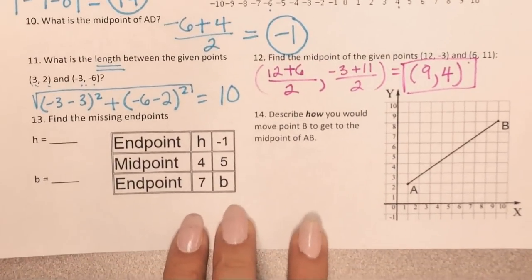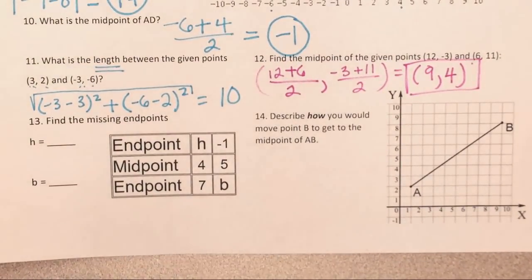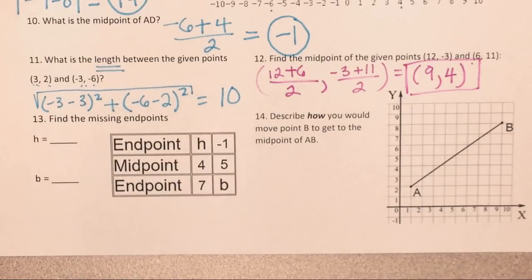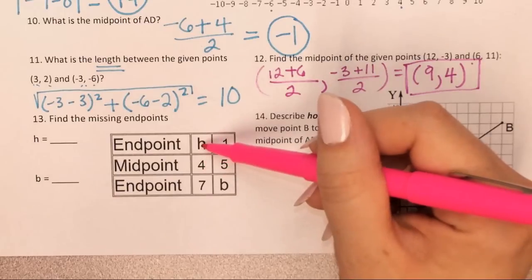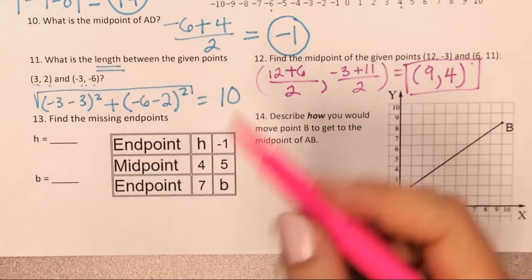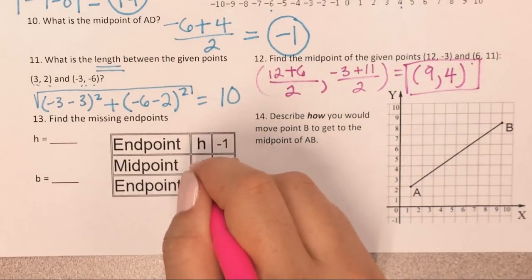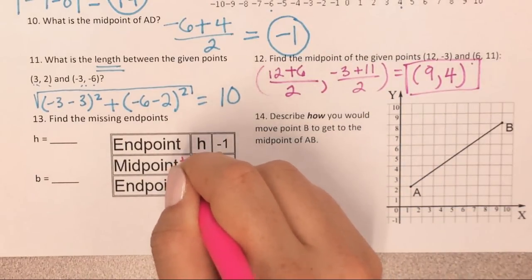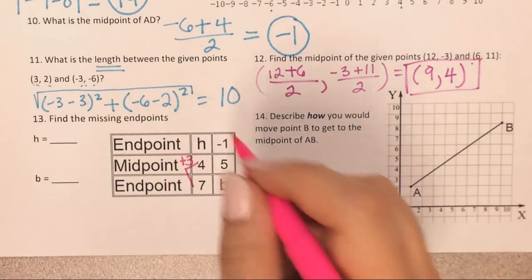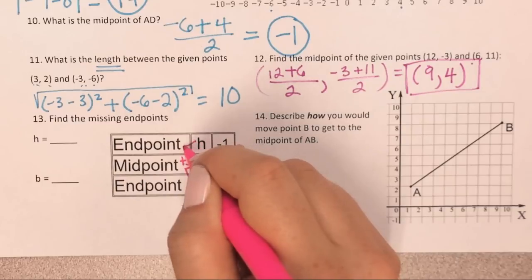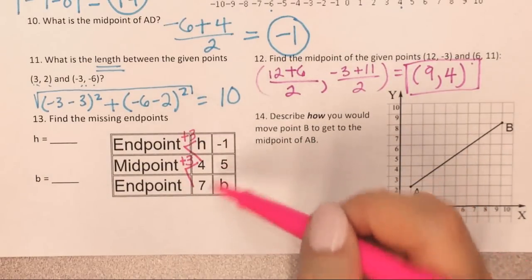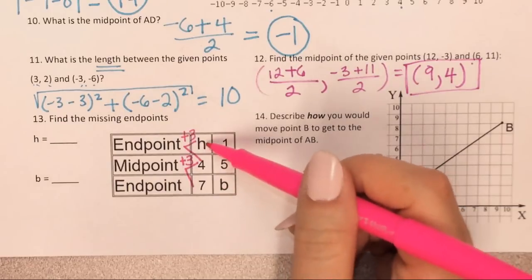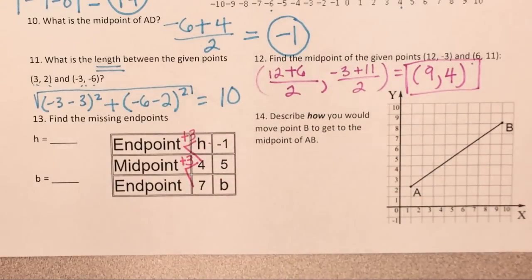All right, number 13, find the missing endpoints. Okay, so here in this table, you're going to use this table to find these 2 missing points. So for example, from 4 to 7, we're adding 3, which would mean that from here to here, we would also need to be adding 3. So you have to think, okay, what plus 3 will give me 4?